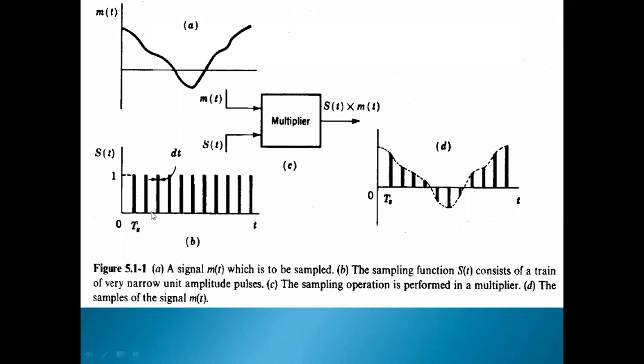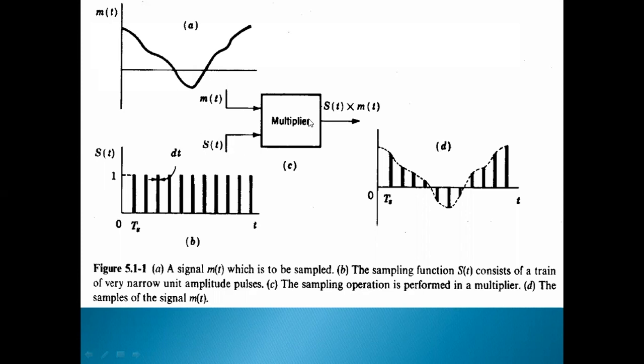So B represents the s(t) signal, that is, the unit sample pulse train. The m(t), the modulating signal, is continuous in time and continuous in amplitude, whereas s(t) is the pulse train.